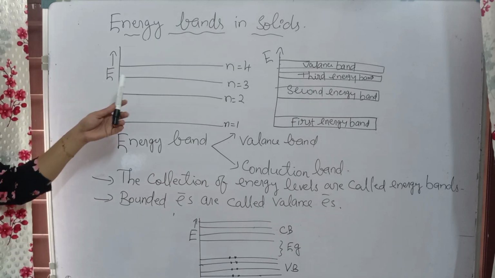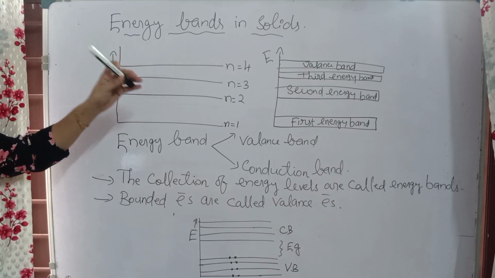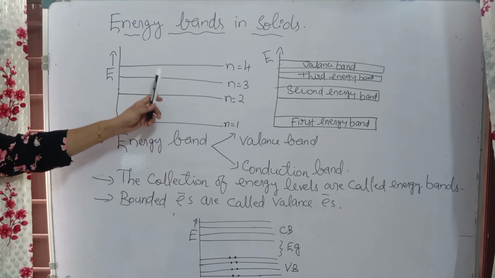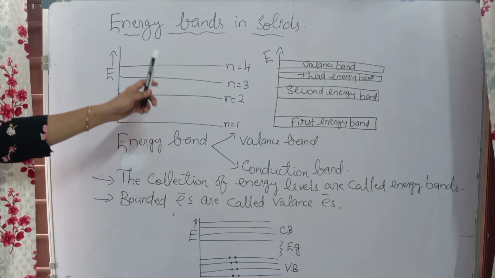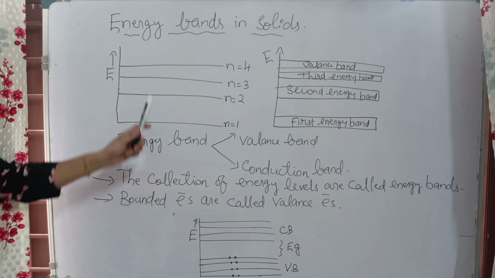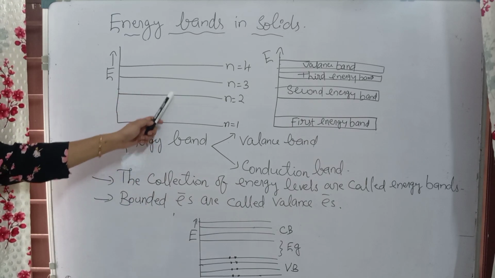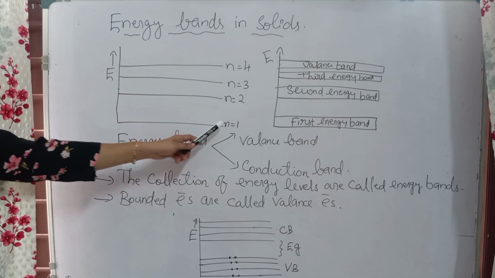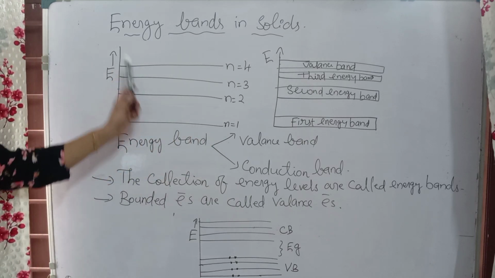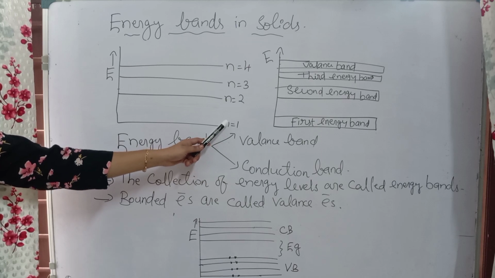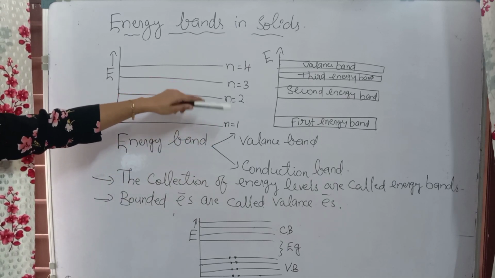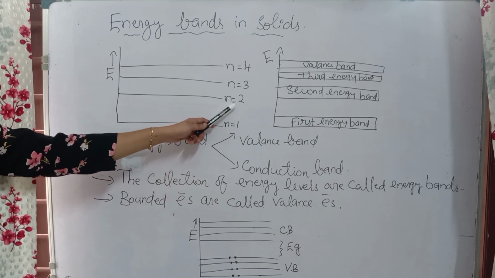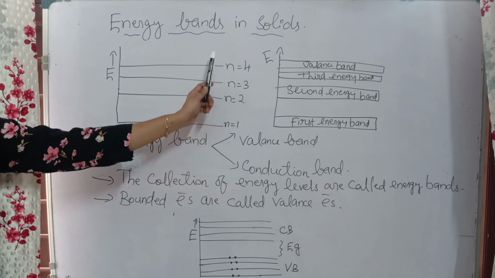I think you might have studied all those things in chemistry. Here we have only an isolated atom, and the energy levels will be like this. Each electron has a discrete amount of energy, arranged as n equal to 1, n equal to 2, n equal to 3, like that.